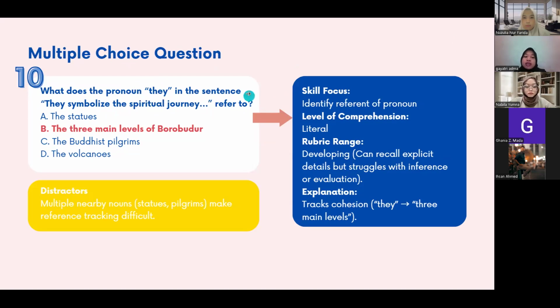So the question asks the students to identify the referent of a pronoun, and it can assess the students' literal comprehension. When the students can answer this one correctly, they are at the developing level.